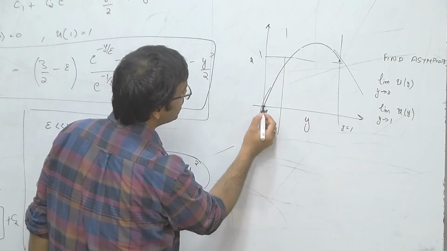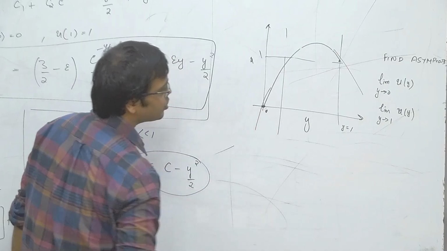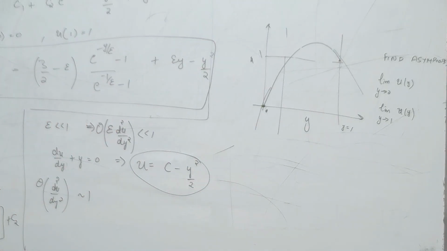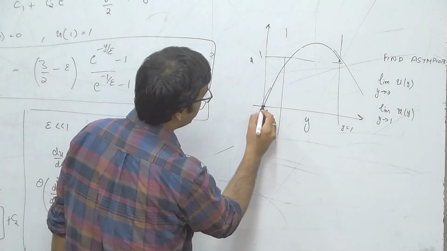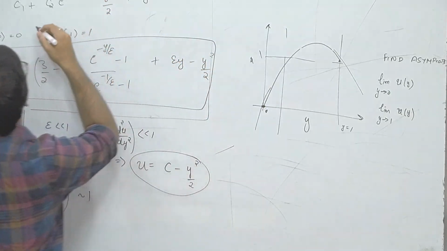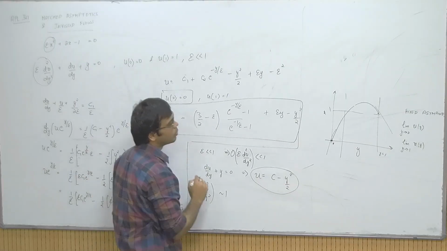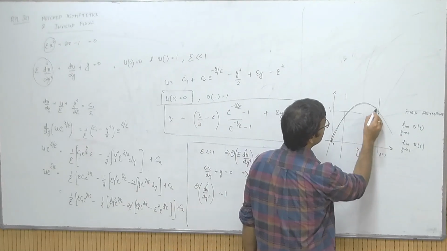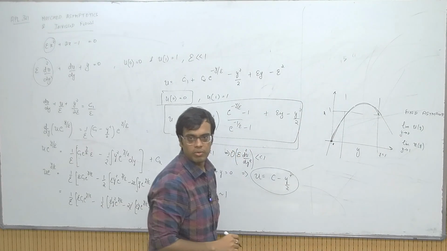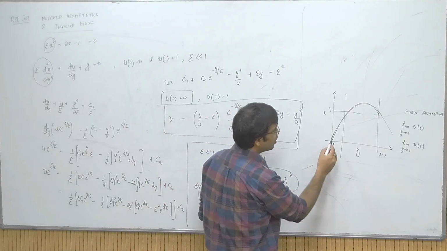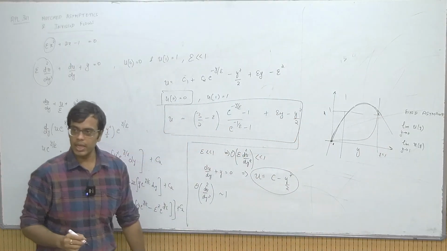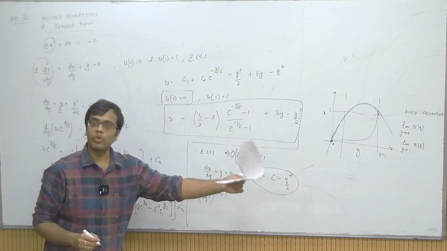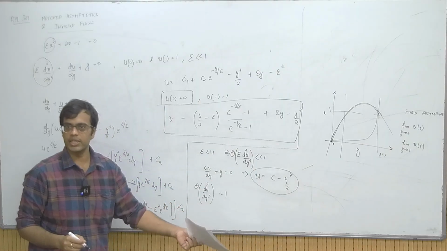So, the large variation cannot be close to the y tends to 0 boundary, because there the boundary condition is u of 0 is 0, and it has to reach all the way to u of 1 being 1. Some of you may say, why couldn't the solution look like this, where close to y equal to 1 the variation is large?